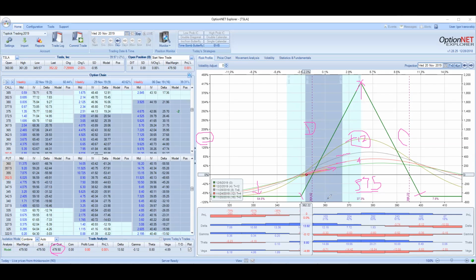So what we're anticipating is two things. Number one, we're bullish. And number two, we need the move in the direction of the short strike, but it has to happen slowly.